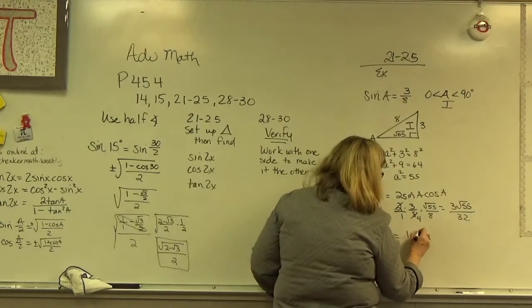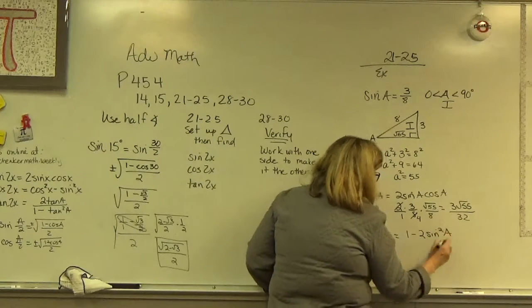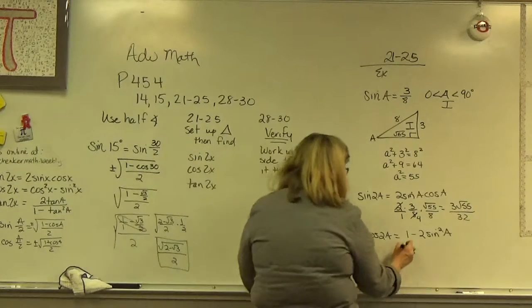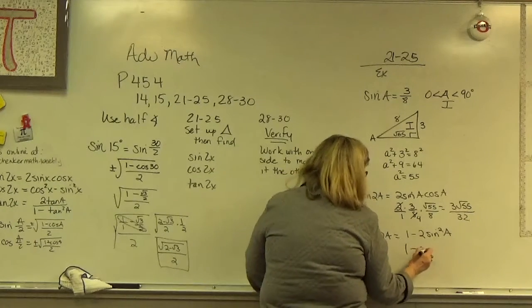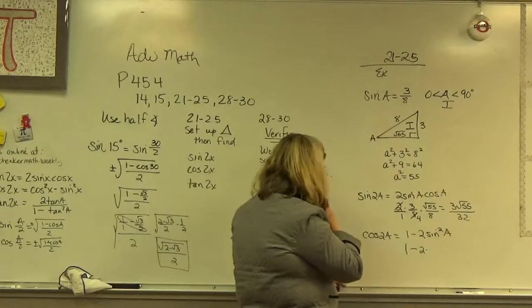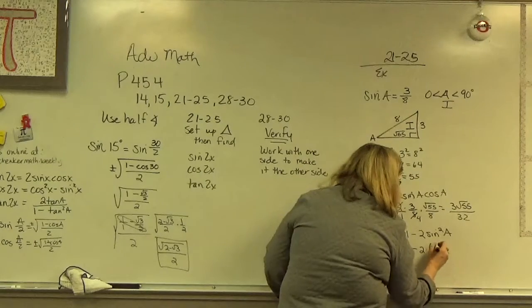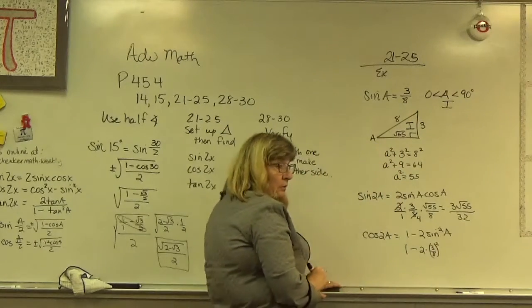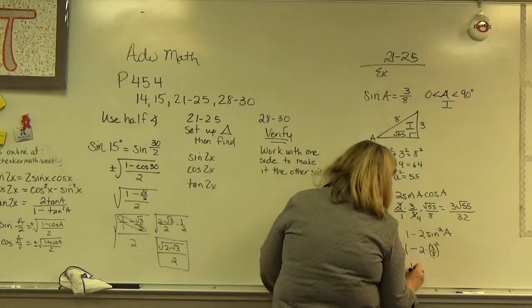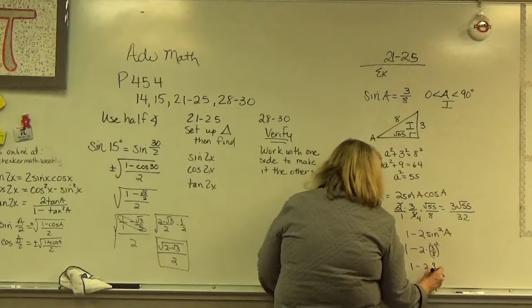So you guys want to use 1 minus 2 sine squared of a? That's the one you want to use. Okay, so we got 1 minus 2 times, what's the sine? 3/8. And we have to square it, right? So we have 1 minus 2 times 9 over 64.